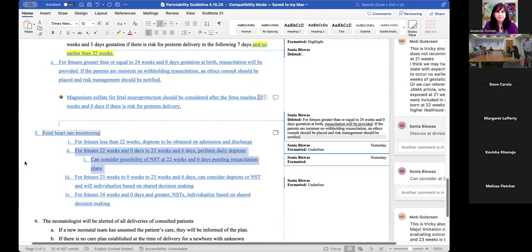And I know the data is changing, but doing a C-section at 22 weeks still doesn't change long-term outcomes for these kiddos. It maybe gets you a live baby to the NICU, which I know is important, certainly for some families, and I'm not trying to discredit that. But it doesn't give them a long-term benefit, and there's significant maternal morbidity.